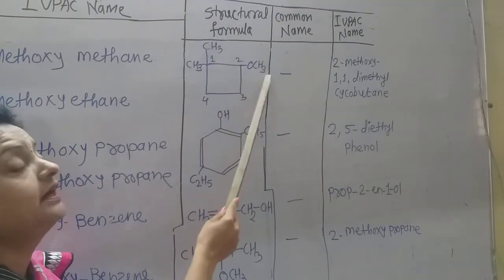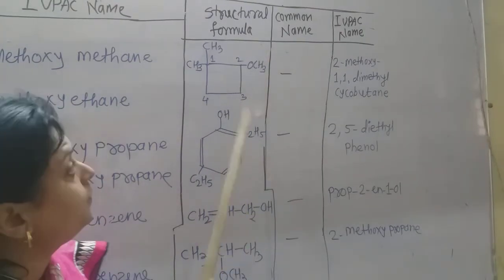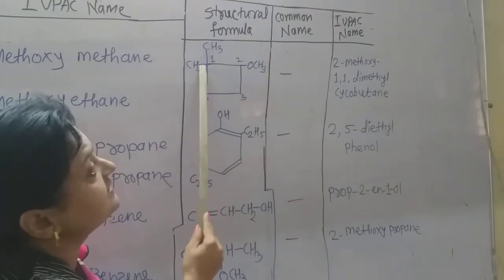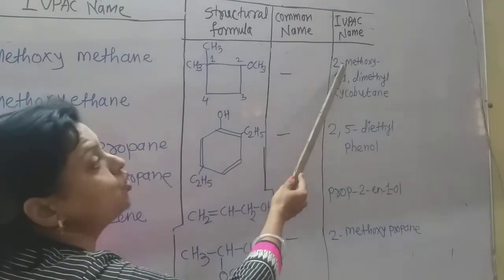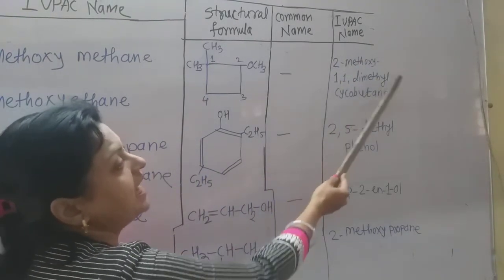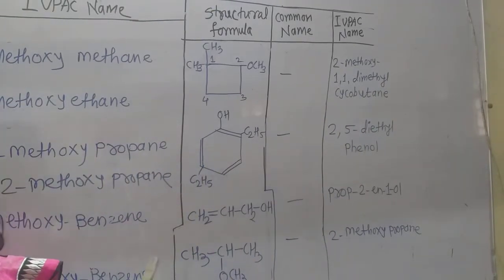This is the smaller alkyl group, so it becomes the methoxy group, and this is the larger, the cyclic group. So the name is given as 2-methoxy-1,1-dimethylcyclobutane.